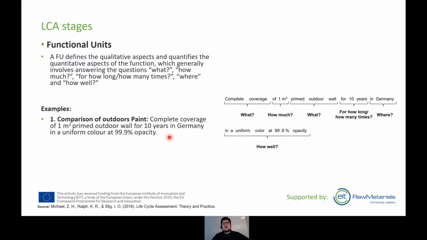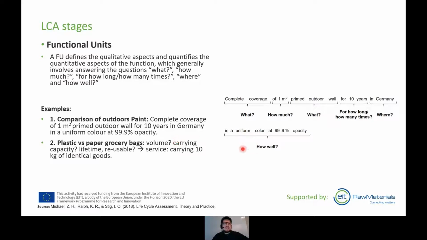For sure, in some cases we don't need to be that precise, and we can include more types of paints, but we want exactly these characteristics. So we can only compare paints with these specifications. That's why here we are avoiding comparing pears with apples. We always compare pears with pears and do not mix them.